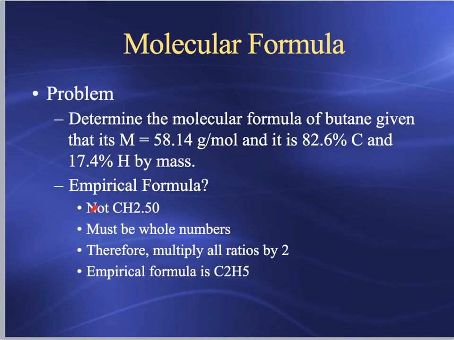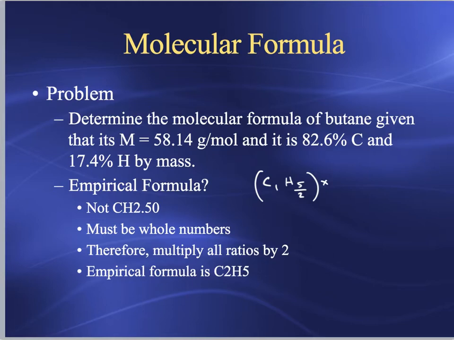So the empirical formula can't be this CH2.5. It's got to be whole numbers. In order to fix that, what I need to do is get rid of this half of a number here. It's really like saying I have C1H5 over 2, 5 halves, 2.5. If I wanted all of those to be whole numbers, I would take the whole thing, and to get rid of this denominator that's a 2, I would just multiply the whole thing times 2.